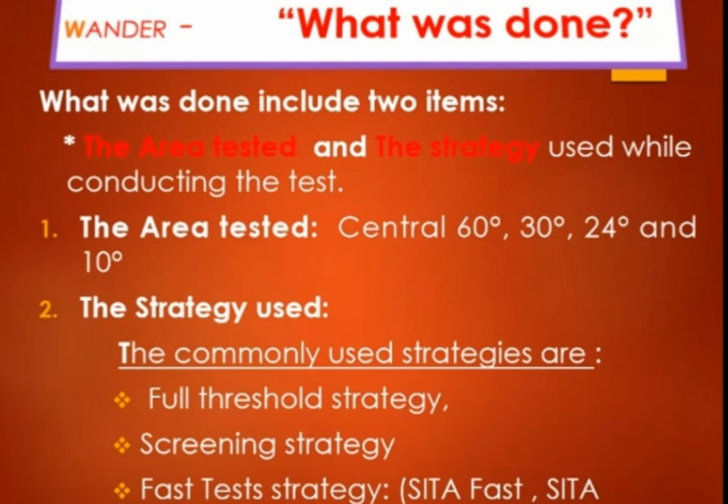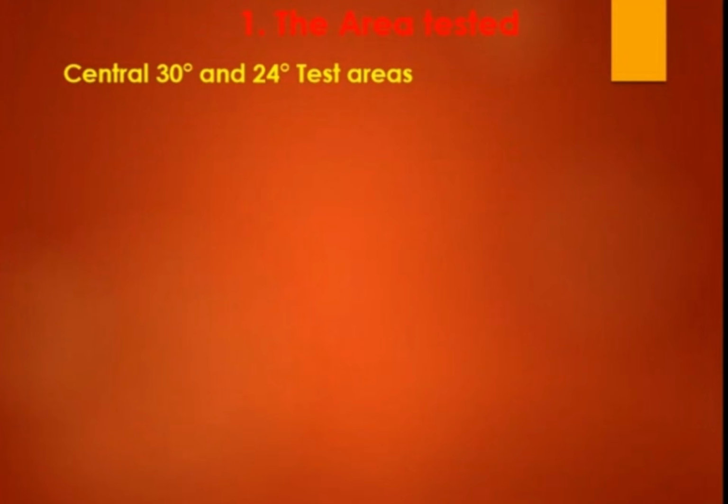These fast test strategies run very fast, just like the name implies, and each lasts less than 5 minutes, while the full threshold and the screening strategies can last quite longer.